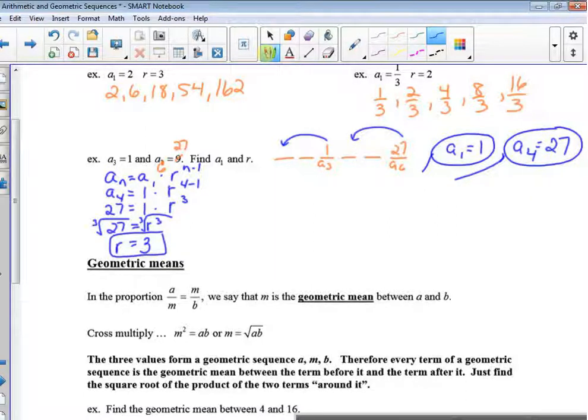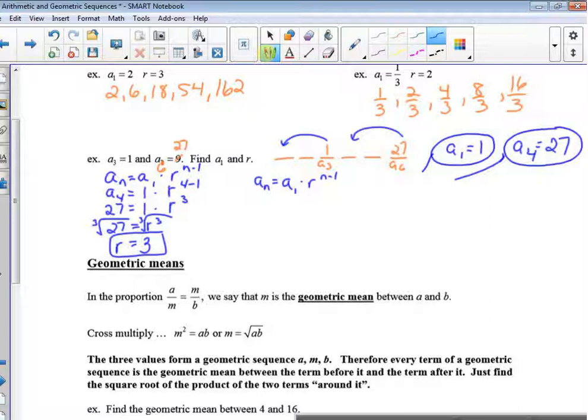Now they want me to find A sub 1. So I'm going to go back and use the original ones. So I'm going to rewrite the formula. A sub n equals A sub 1 times r to the n minus 1. Now you can use A sub 3 was equal to 1, or A sub 6 is equal to 27.